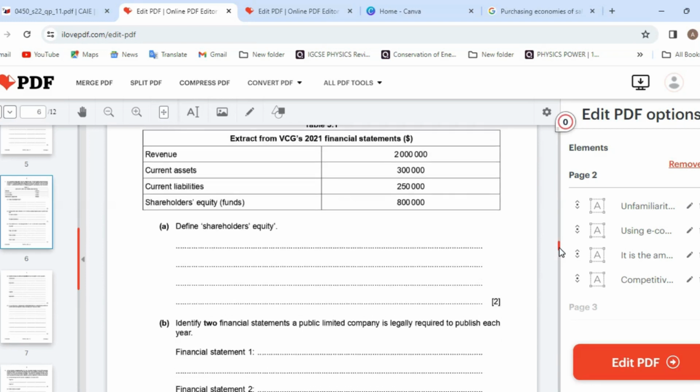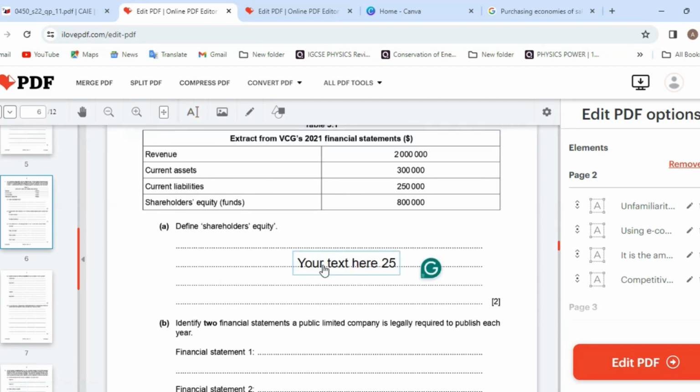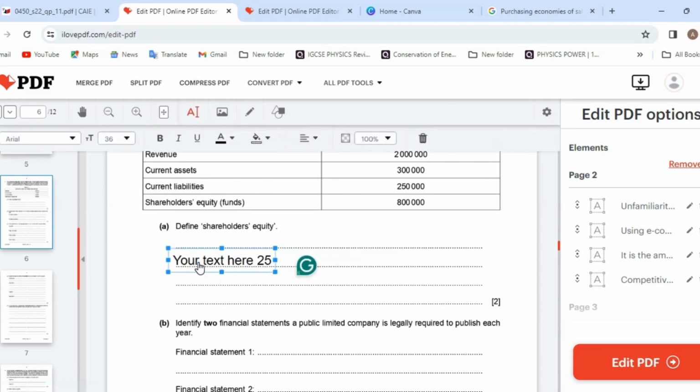If you want to put it in a formula, it is your share capital with reserves. Now let's put it in a sentence: it is the total money invested into the business by the owner of the company, that is the shareholders.